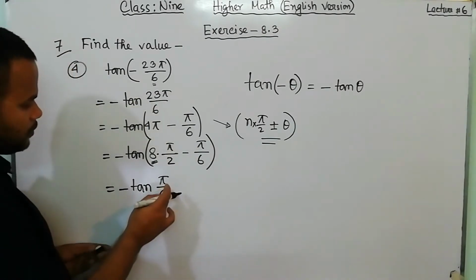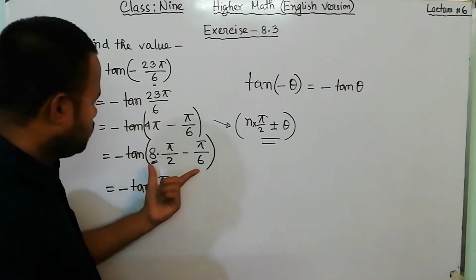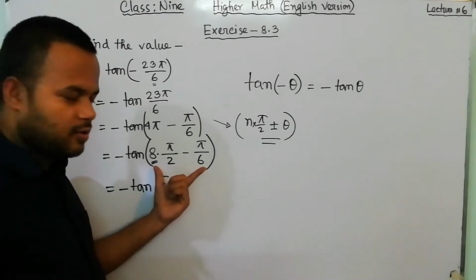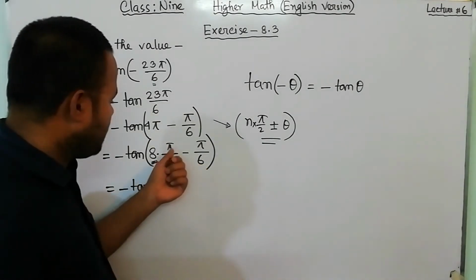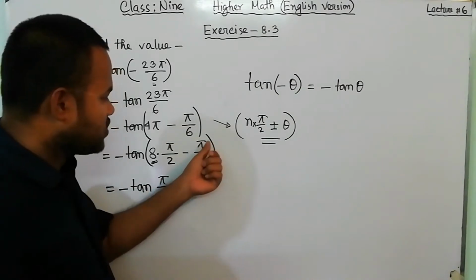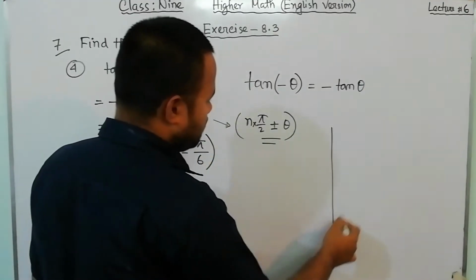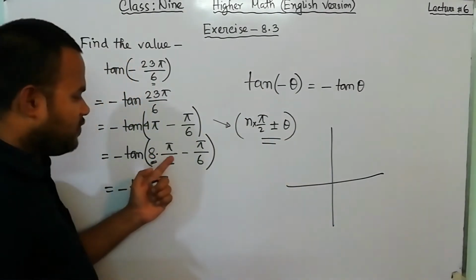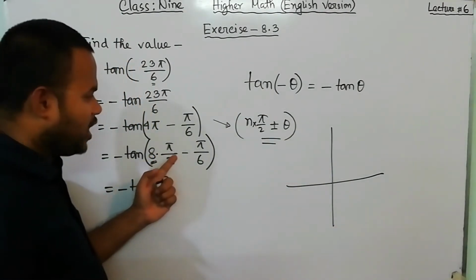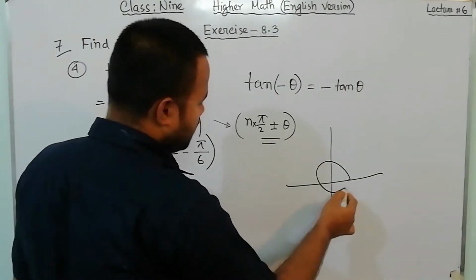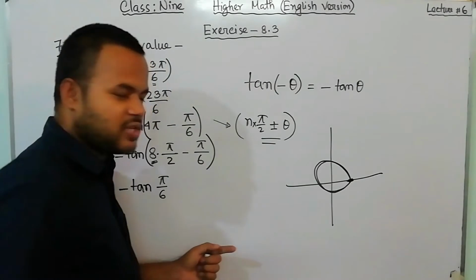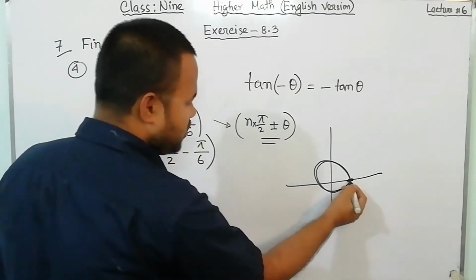Now we have to find out the quadrant for this angle. Okay, here 8 times 90 minus pi by 6. If we draw a quadrant, then 8 times 90, that is 4 full rotations, and we are in the same position from where we started.